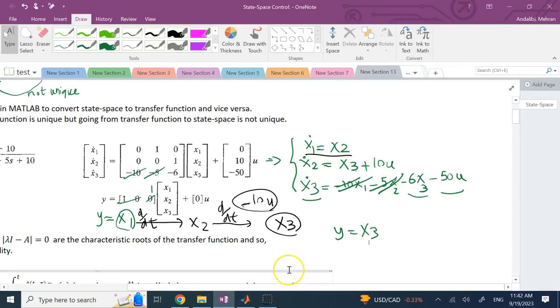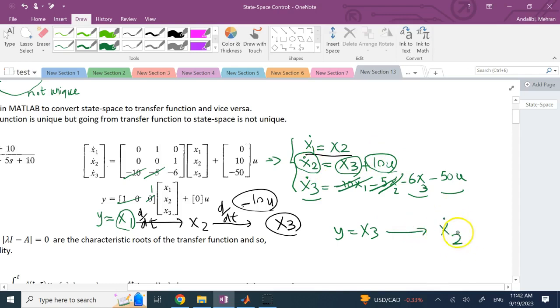And you might say, where are they? What are they? Well, clearly you see y is x3. So observing y means I know x3. But what about x2 and x1? If I know x3, doesn't it mean that I know x2 dot? No. Because if I know x3 and I know 10u, it means I know x dot.